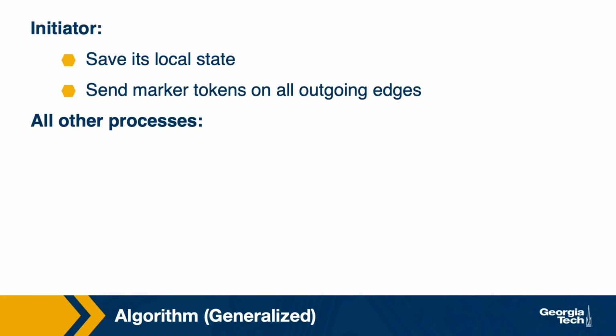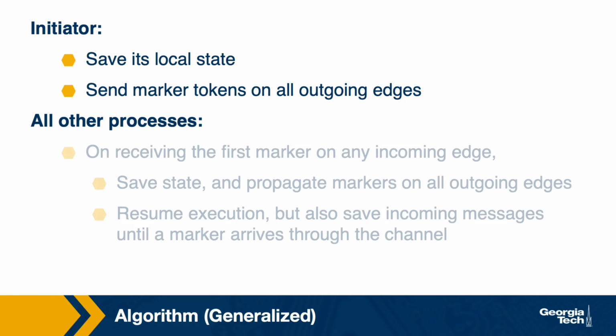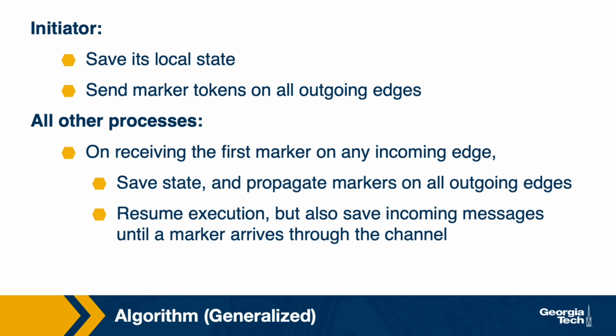All of the other nodes in the system will participate in this algorithm, and they'll follow the following rules. On receiving the first marker on any incoming edge, they will save their state, they will mark the state of the incoming channel as empty, and then they will propagate a marker message on all outgoing edges.